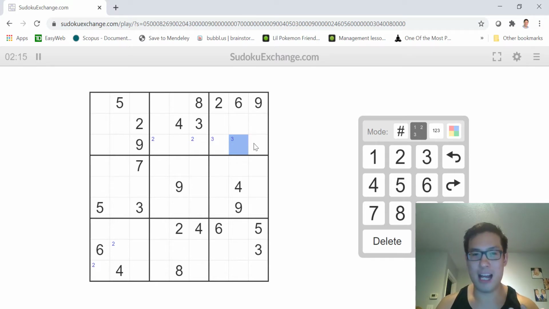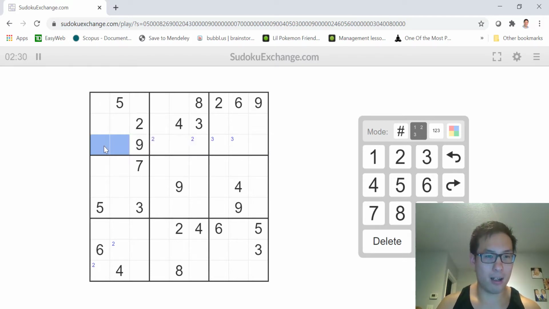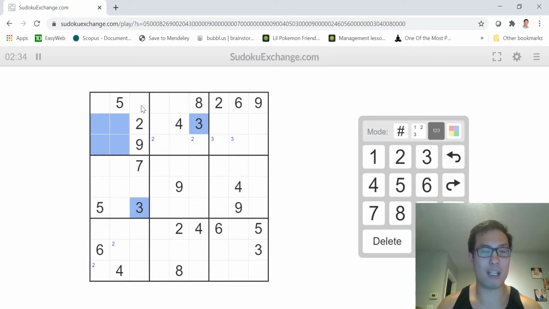So a 3 cannot exist anywhere else in this row. By the way, rows go left and right, columns go north and south, up and down. So that means that a 3 cannot go here.